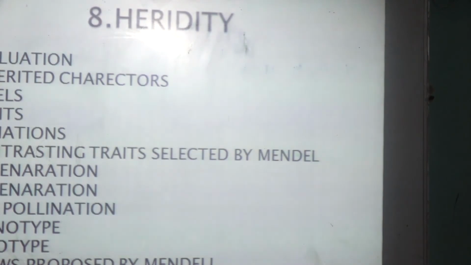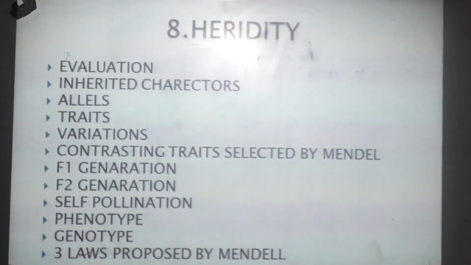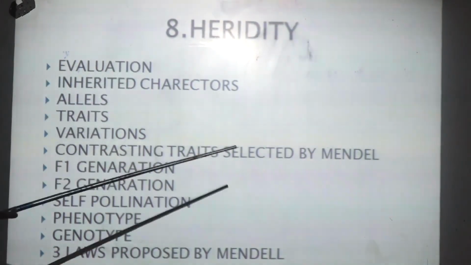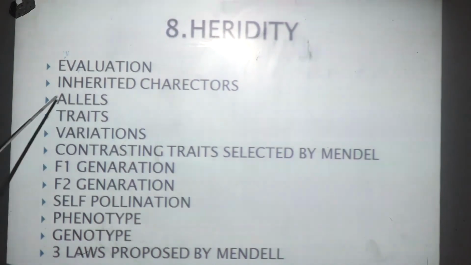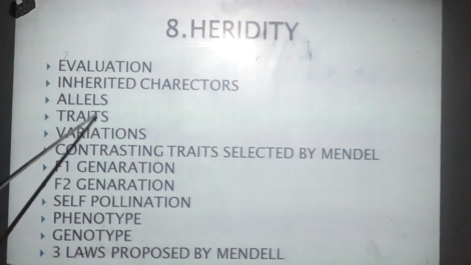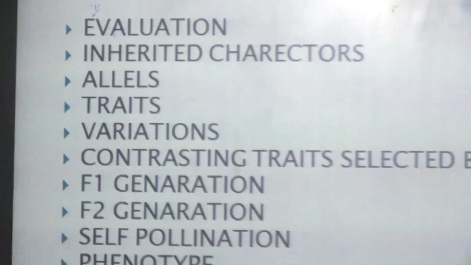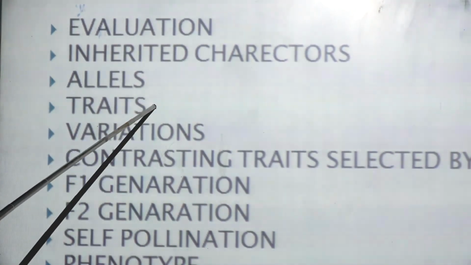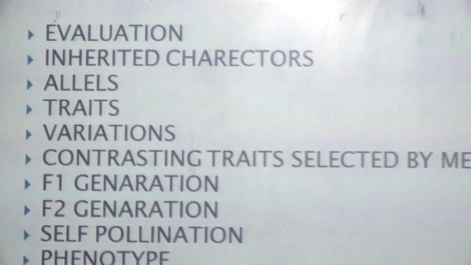Then the very important chapter, that is heredity. What is evolution, what are inherited characters, what are alleles, and what are traits? Let me clarify here. A trait is nothing but a character. In one character, a pair of contrasting characters are there. They are called alleles.